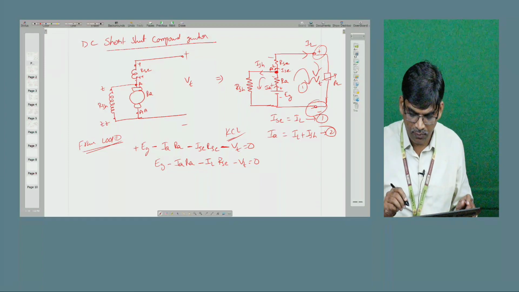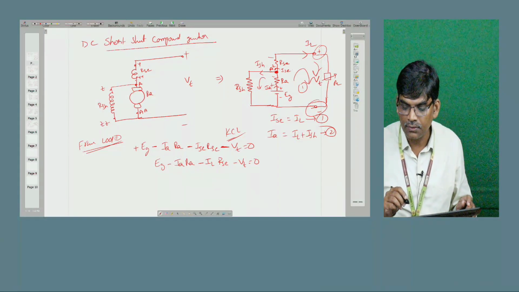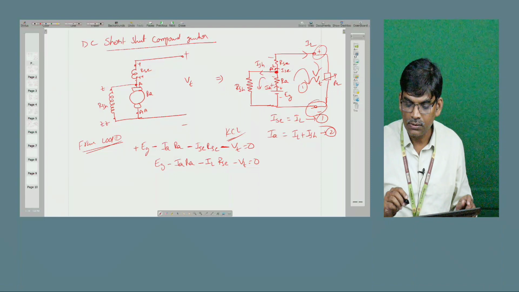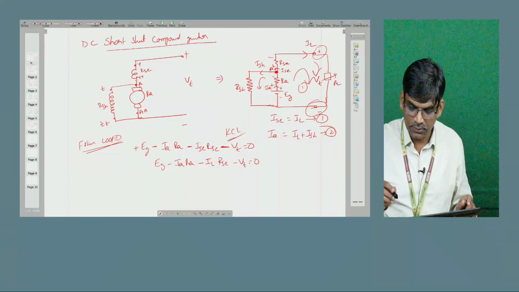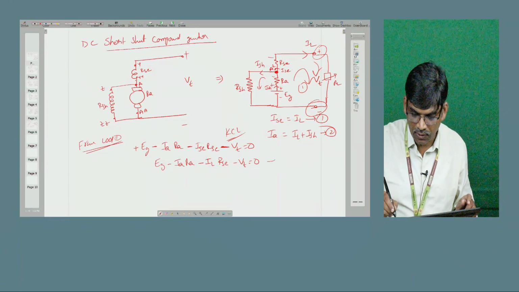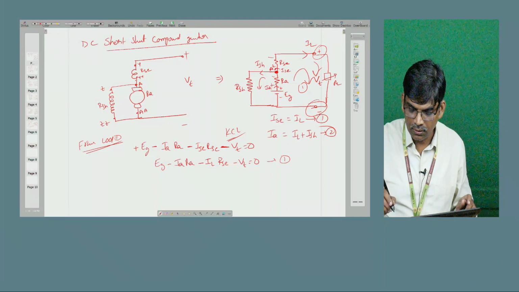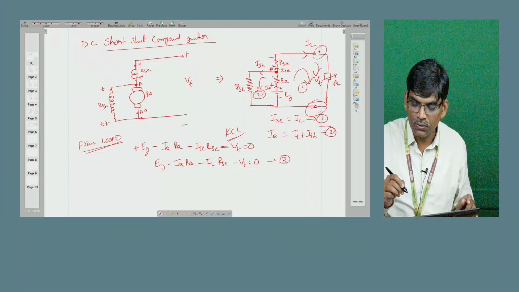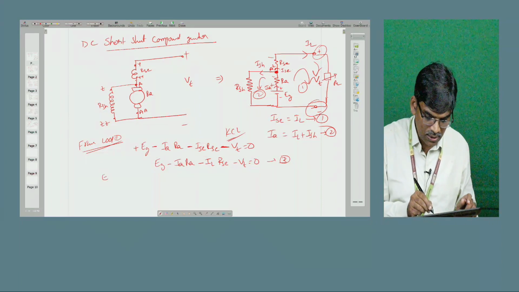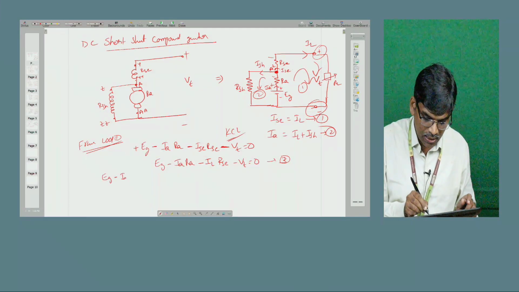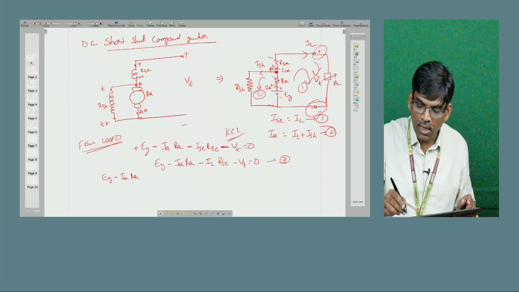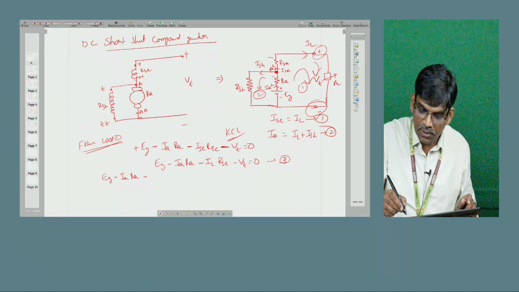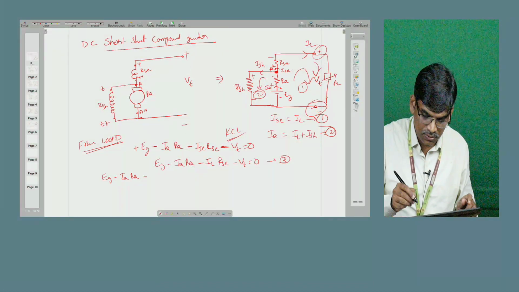Suppose you know the terminal voltage; how can you find it? The loop equation 1 is equation 3. Another one, write loop equation 2 here: EZ minus IA RA minus ISH RSH equal to 0, because the entering current is the leaving current, plus to minus.